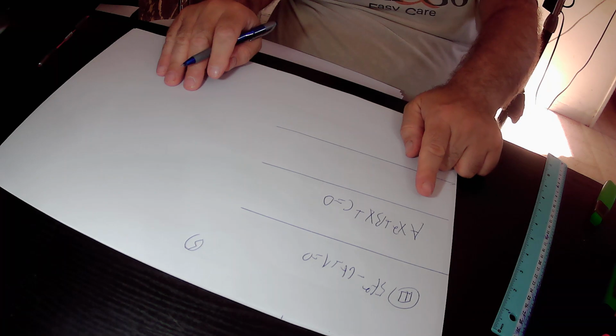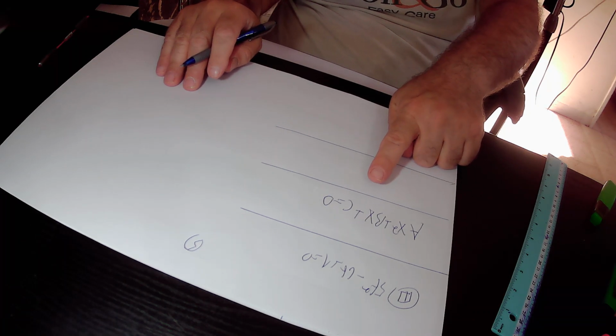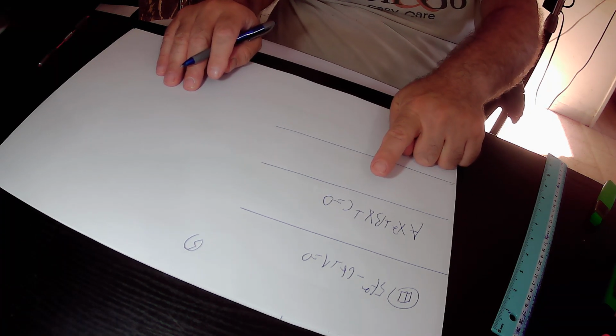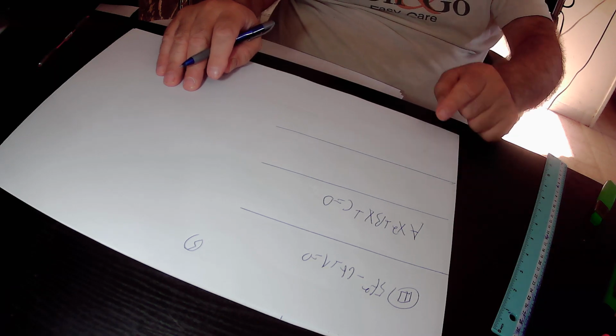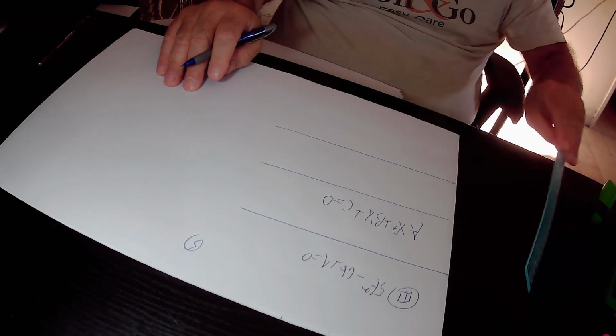In this general formula, a, b, and c are the coefficients of this quadratic equation, and x is the variable that we are looking for. And we find out the value of x according to the following formula.